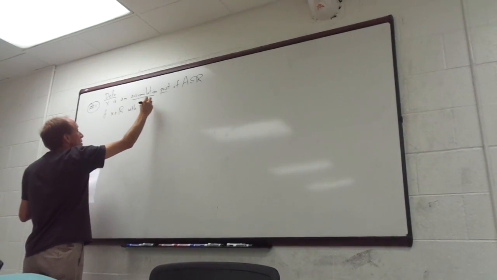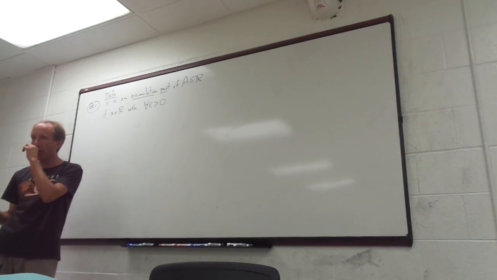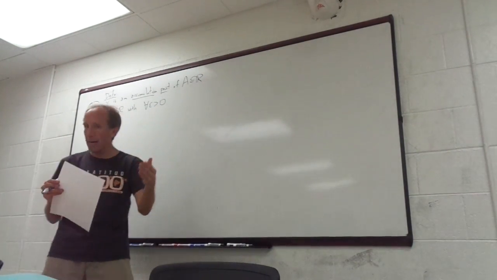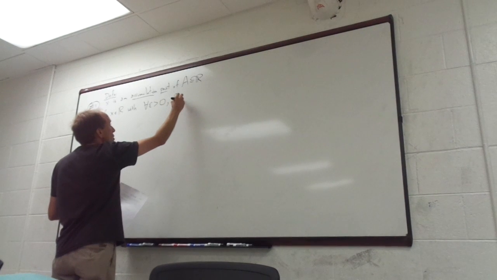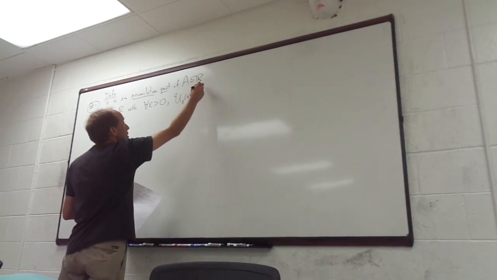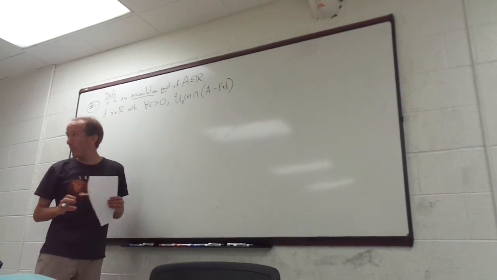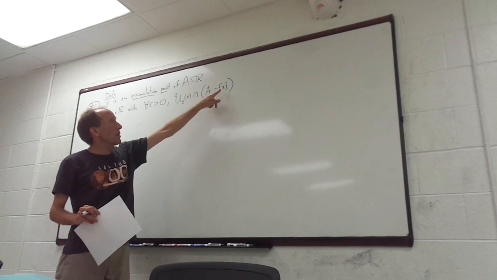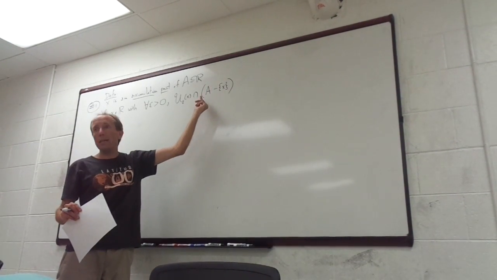For all epsilon greater than 0, so for every neighborhood of X has to intersect with the set capital A minus X. So for all epsilon greater than 0, U sub epsilon of X intersects with A minus X. Of course, if X is not in A, then you're not really subtracting anything, you're just looking at A itself.